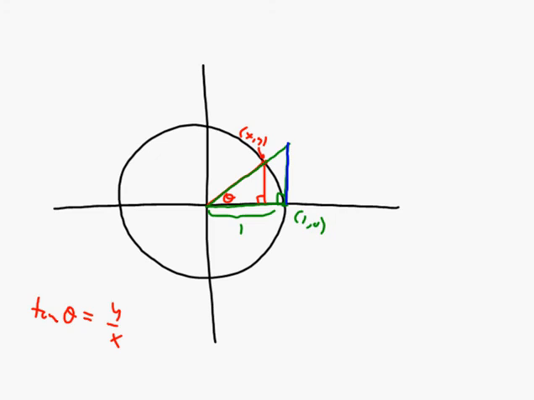Let's talk. The green triangle and the red triangle both have a right angle in them, and they both share angle theta. So these two triangles have two angles that match, so they must be similar. Since they're similar, we know that their sides are in proportion.